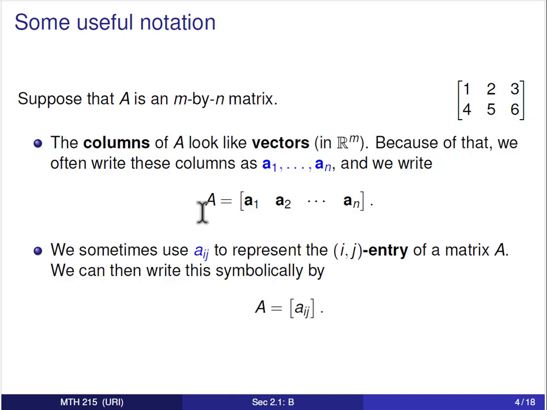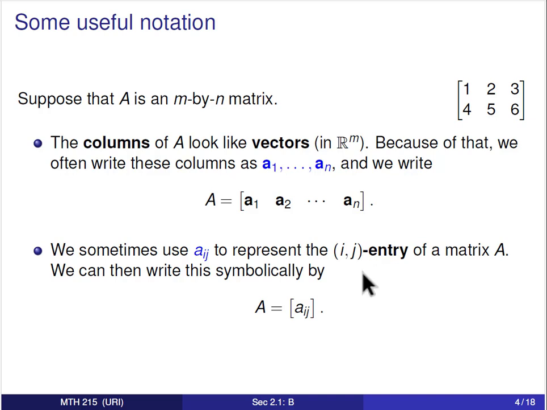Okay, now we'll use another type of notation. We'll use little a sub ij, where this a is not boldfaced, it's just a regular lowercase letter with two subscripts i and j, to represent the entry of matrix A found in row i, column j. So in the last video, we introduced what we meant by ij entry.